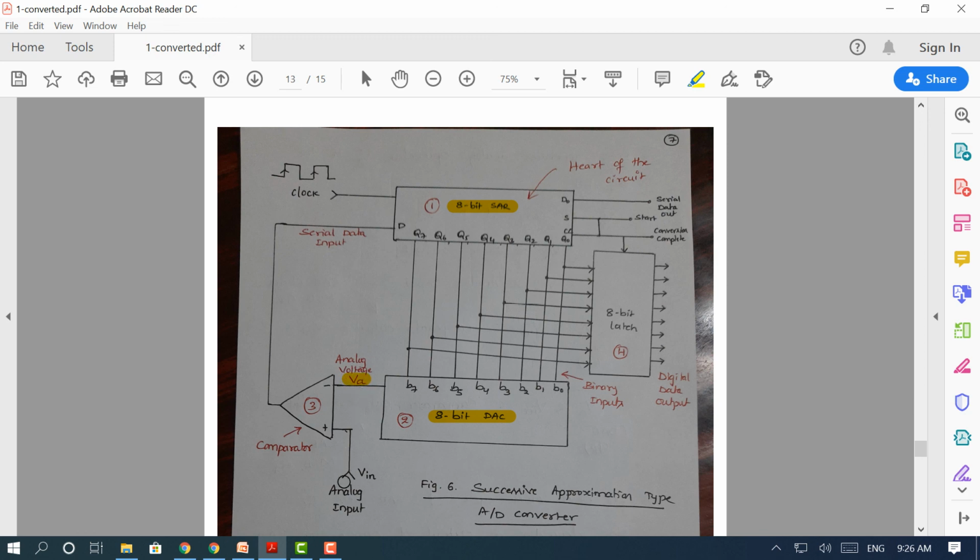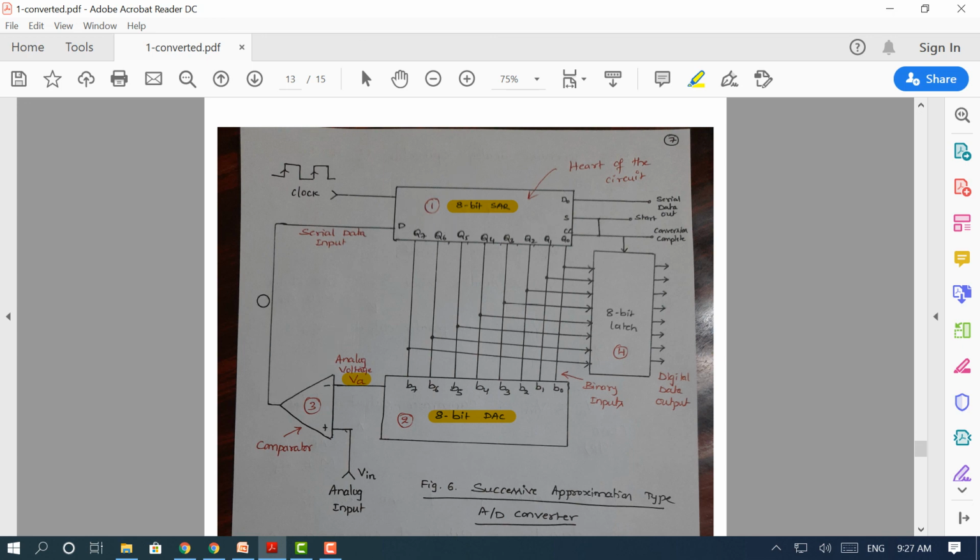This analog voltage is compared with the analog voltage that requires conversion, and based on which one is larger, accordingly the output of the comparator will be plus VSAT or minus VSAT. The serial data coming here will be registered here.